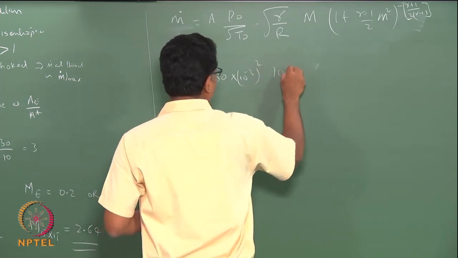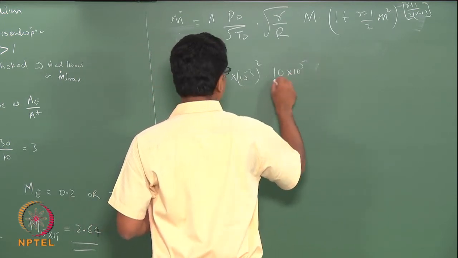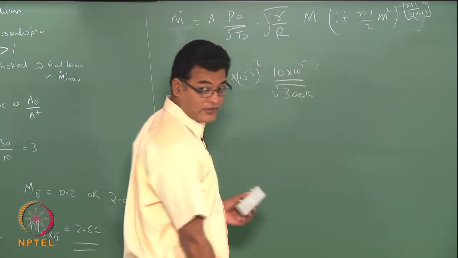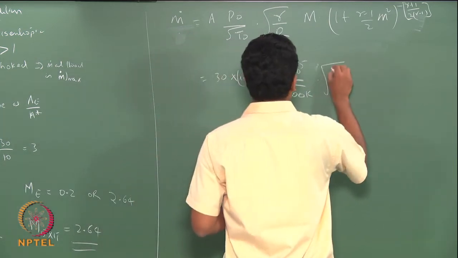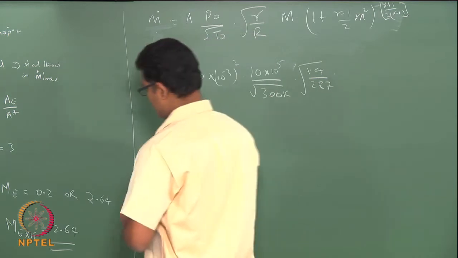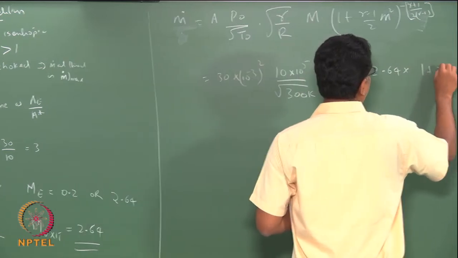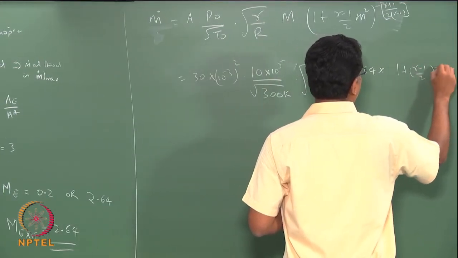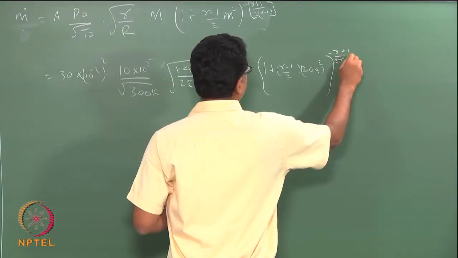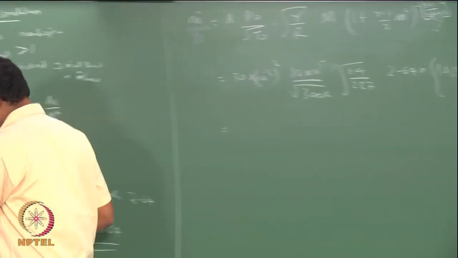P0 is 10 atm, 10 into 10 power 5, divided by root of 300 Kelvin, into root of 1.4 divided by 287, into M exit which we already know now, 2.64, into 1 plus gamma minus 1 by 2, 2.64 square to the power minus gamma plus 1 by 2 gamma minus 1. So, that would be your m dot.